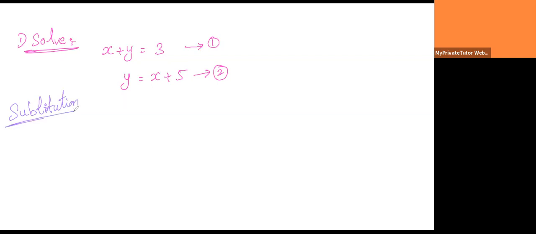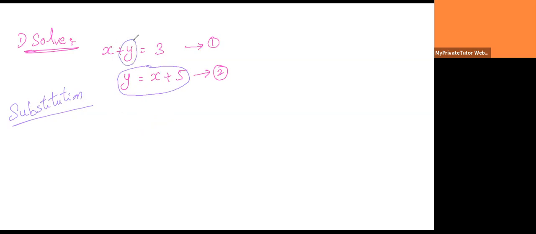So, substitution method. What you will do, you will write the first equation as it is. Okay, we don't have a space, let's try in the same place. First equation, x plus y equals 3. Second equation, y equals x plus 5.